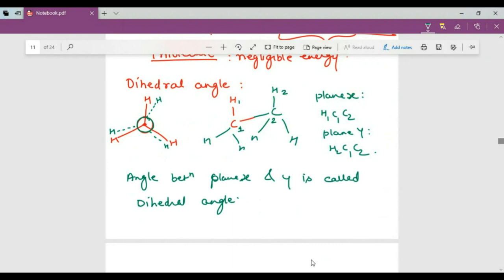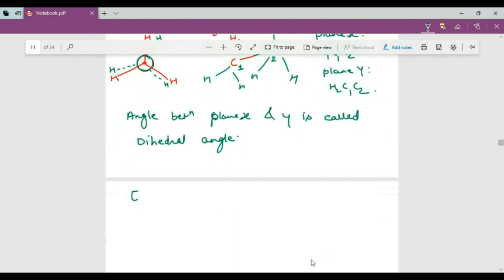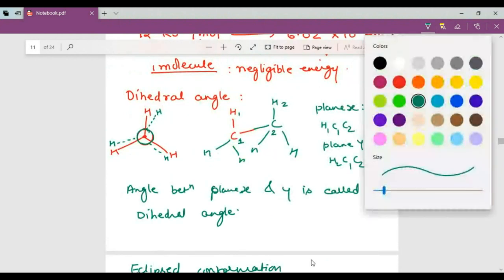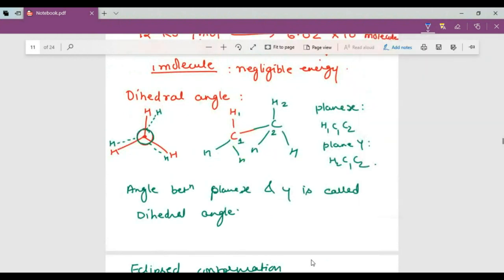So see, in eclipsed conformation, which is here, if I draw these as a plane, this is my X. In this given structure, Y is also seen in the same place, right?